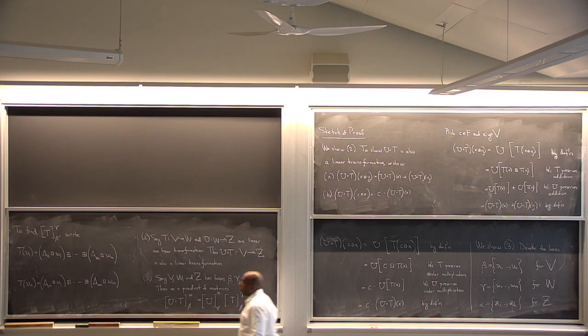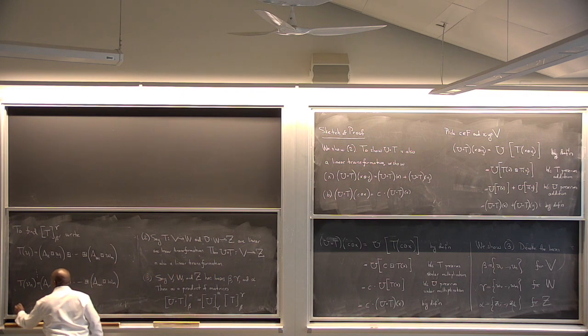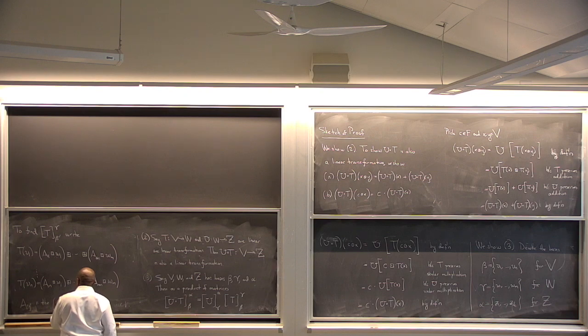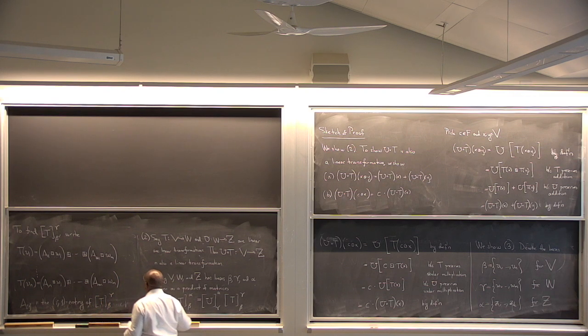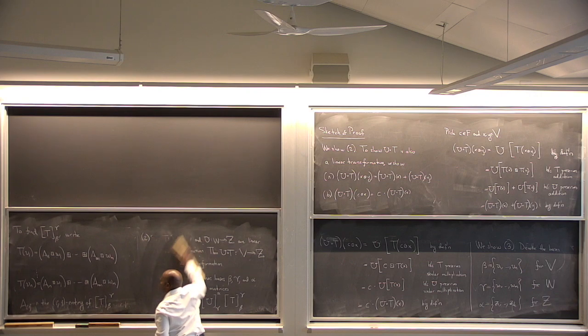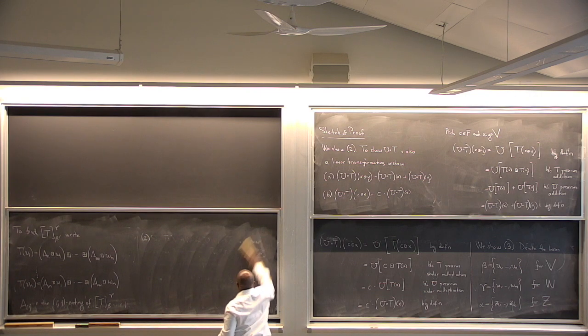And remember now that Aij is the ij entry of this matrix, this T beta gamma. Right, that's the definition.